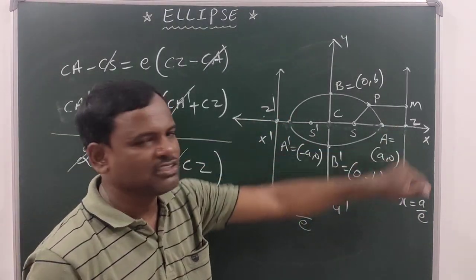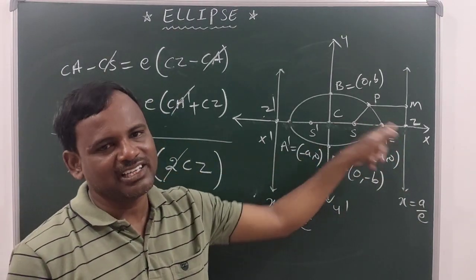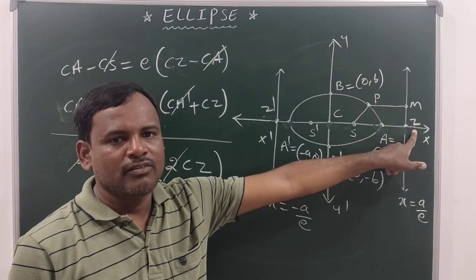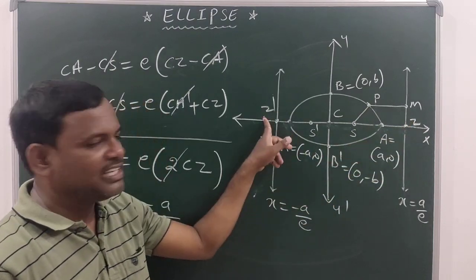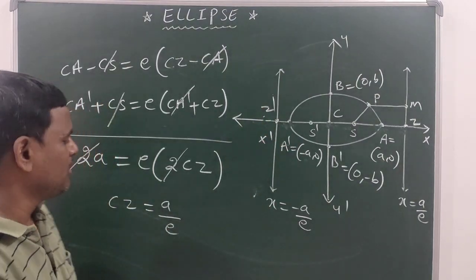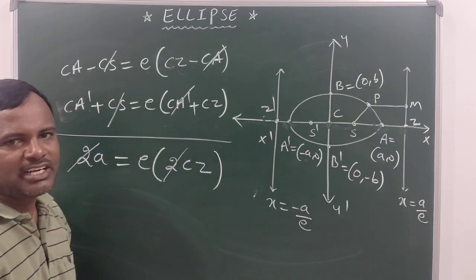Here, what are the coordinates of Z? A by E comma 0, because Z is on the x-axis, so its y coordinate will be 0. Here Z dash coordinates are minus A by E comma 0.